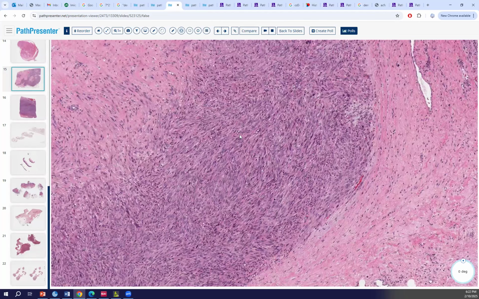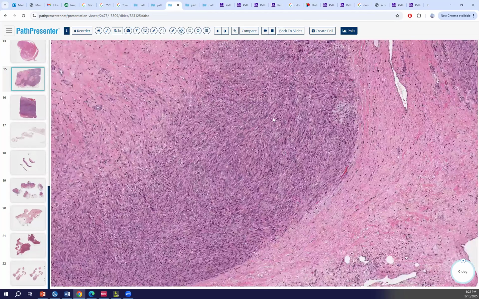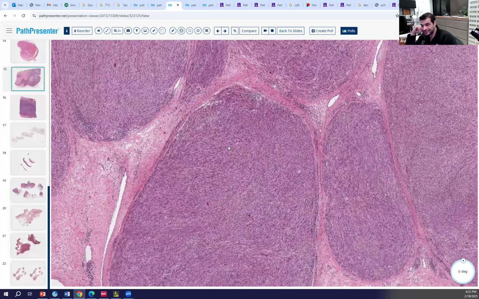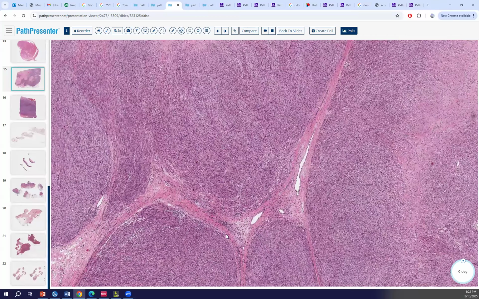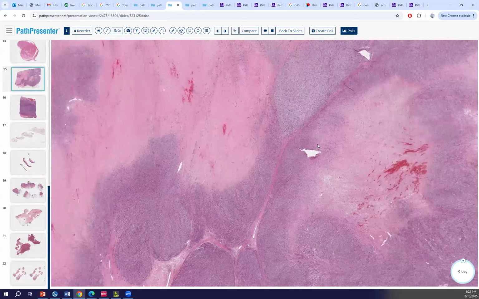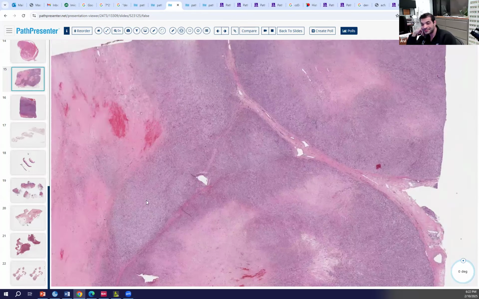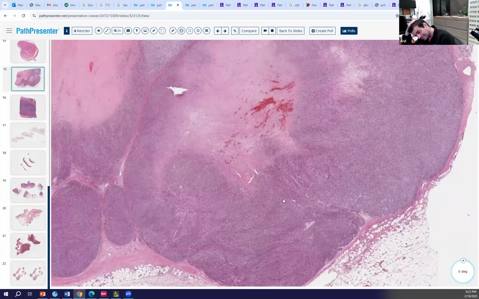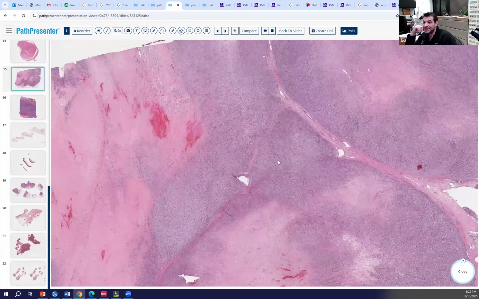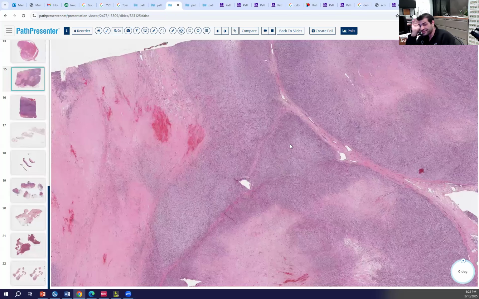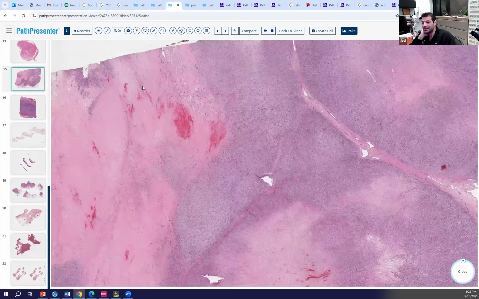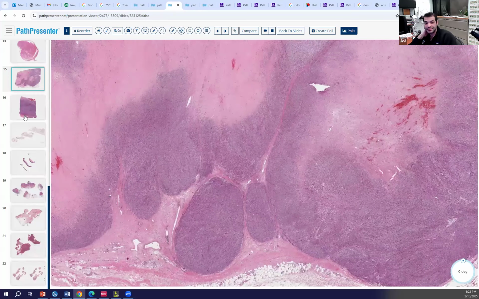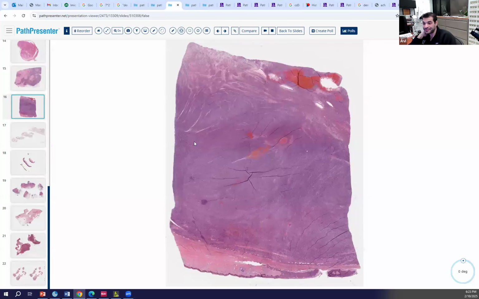Fibrosarcoma, DFSP, malignant peripheral nerve sheath tumor, and synovial sarcoma. Sometimes in malignant peripheral nerve sheath tumor you can actually see the neurofibroma component. I don't see it in this example, but sometimes they're nice to you and they can give you that.